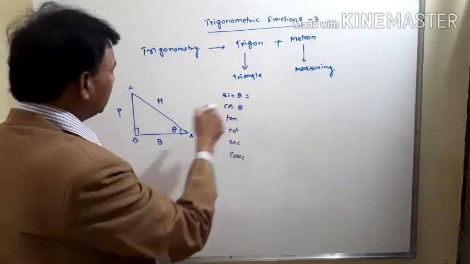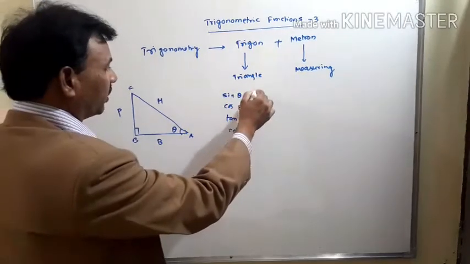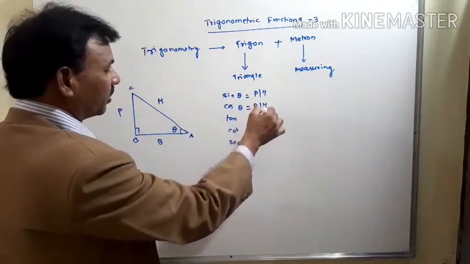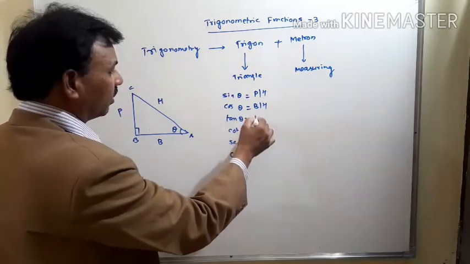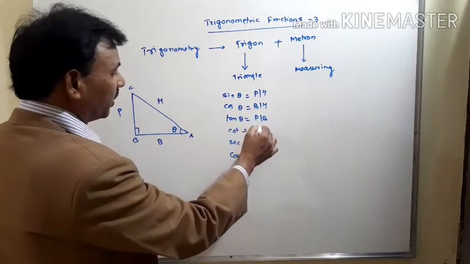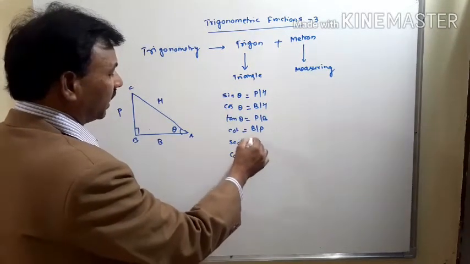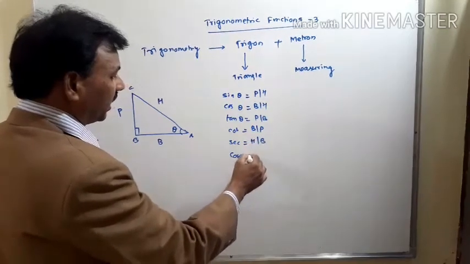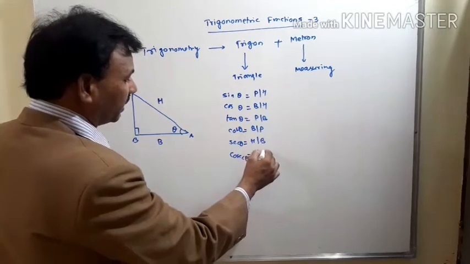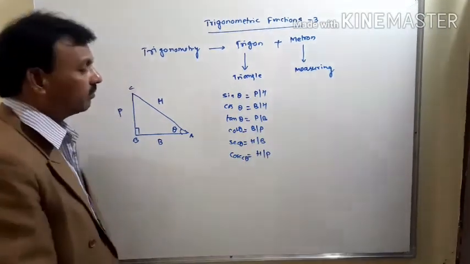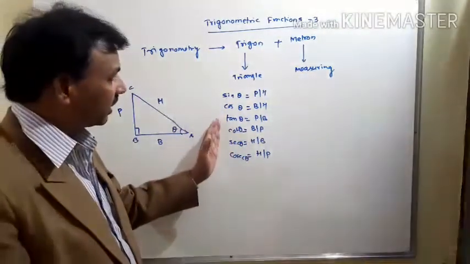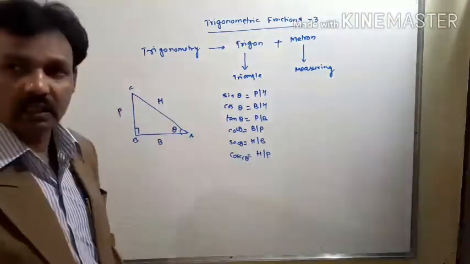Then sin theta equals perpendicular upon hypotenuse, cos theta equals base upon hypotenuse, tan theta equals perpendicular upon base, cot theta equals base upon perpendicular, sec theta equals hypotenuse upon base, and cosec theta equals hypotenuse upon perpendicular. These are the basic relations between trigonometric functions and sides of this right angle triangle.